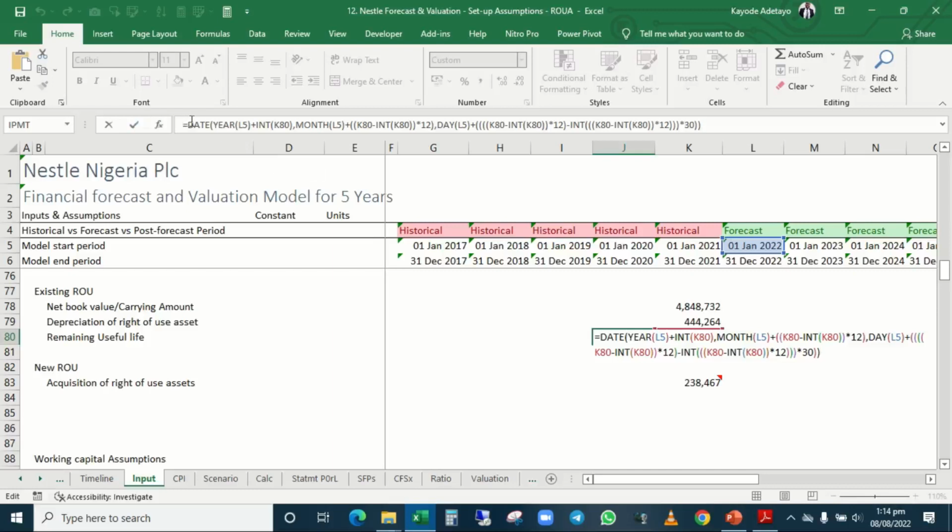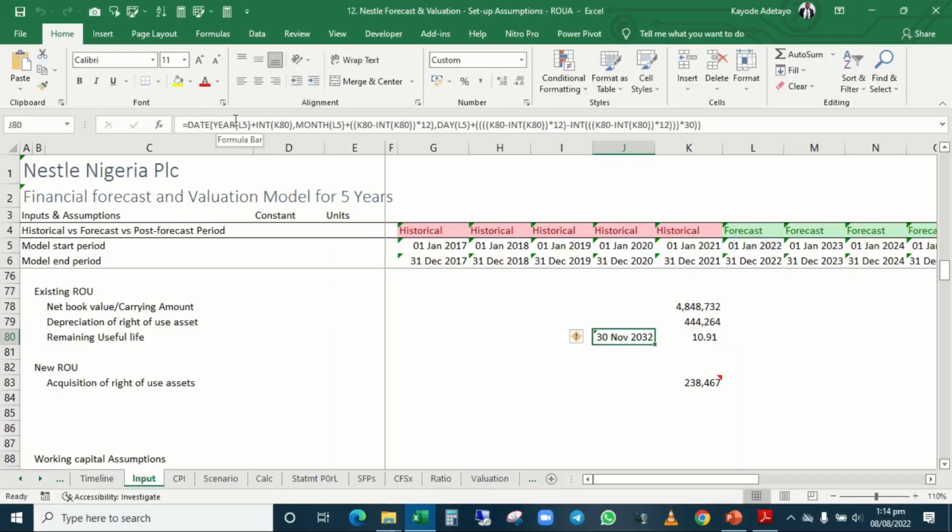I use a date function here, where what I'm doing is just to say the year where we are going to start, which is this L5, the model start period. I'm extracting the year out of this, which is 2022. So this will give me 2022.